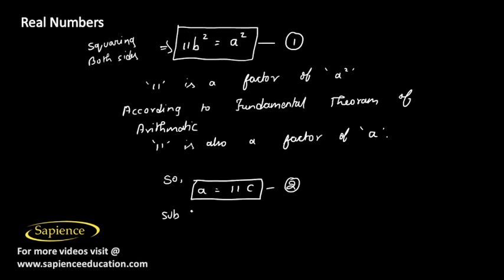Substituting the value of a in the first equation, we will get 11 b square is equal to 11 c square, which gives us 11 b square is equal to 121 c square.